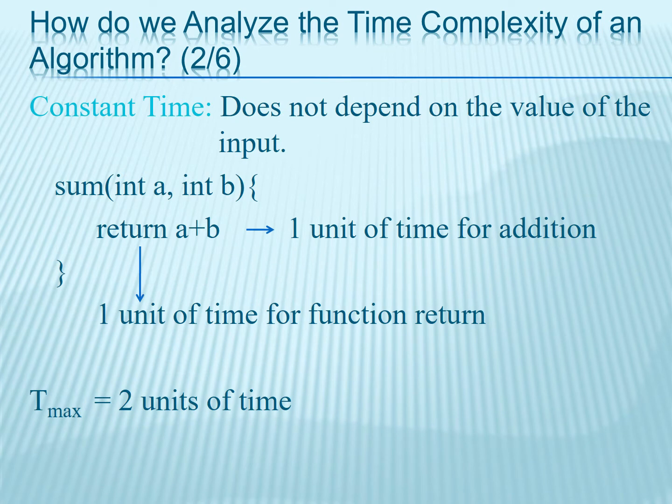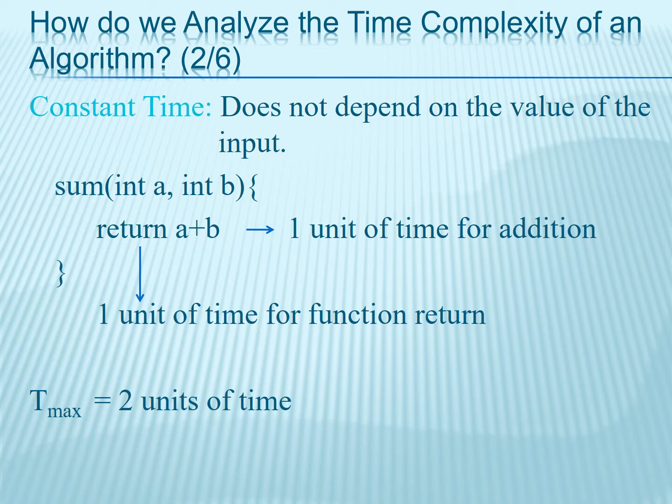Constant time complexity function. In a constant time complexity function, the time complexity of the function does not depend on the value of the input. Here, consider the function sum, which gets the input A and B. It adds the two inputs A and B and returns the value.